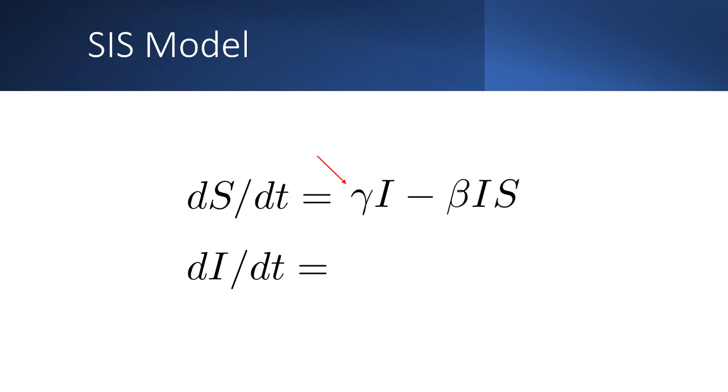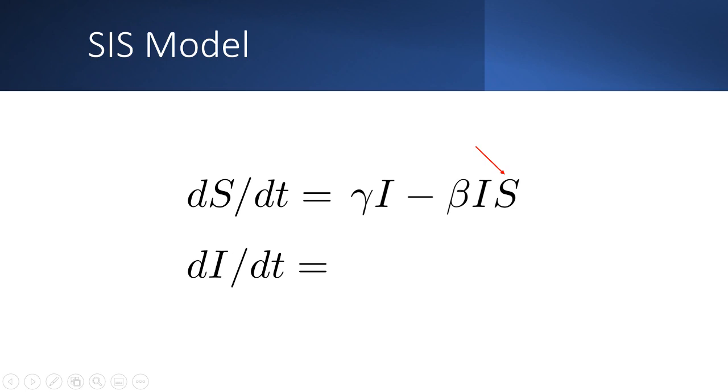So gamma represents the recovery rate. The I represents the proportion of the population that are infected, and beta represents the rate at which disease transmission is occurring. And finally, the S is the proportion of the population that are susceptible.